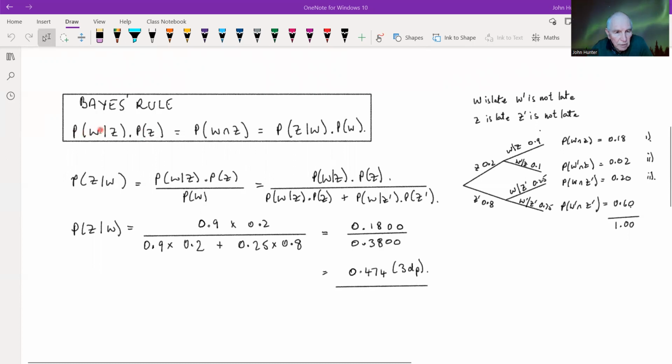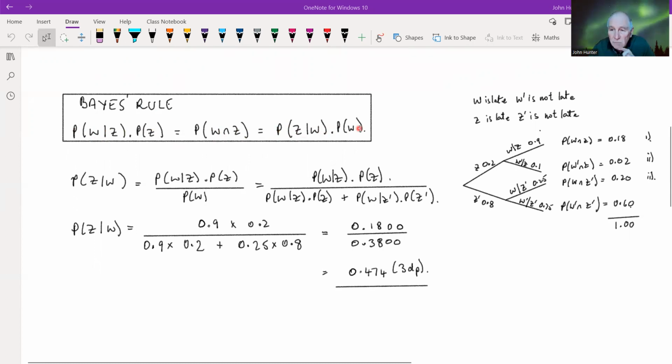As I say, it's normally written this way around, which is the opposite way around to the branches on your tree, but it's all the same. We should note also that it's also true the other way around. If we had these, that would be equal to the intersection. So the consequence is that this is equal to that.